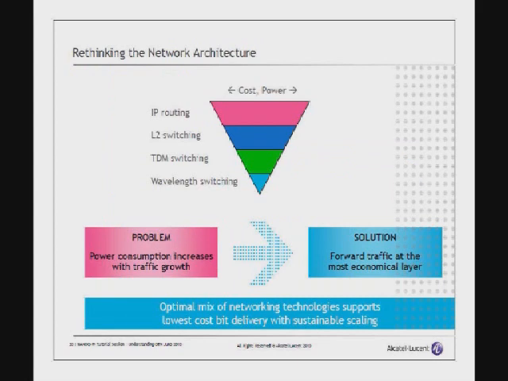So what we've seen too is this hierarchy, this inverted pyramid, where the IP routing has always been extremely intelligent, extremely robust, but it also bears a cost. There is a cost to that. And as you move down closer to the lowest level of the network, the cost per bit is extremely low.